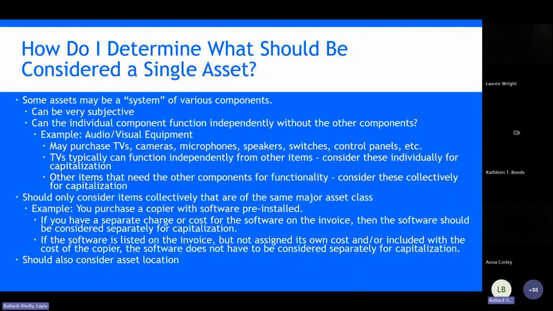In most cases, you're still going to treat the items individually and either capitalize them or expense them. We haven't run into any we've had to capitalize because they were collectively significant. But if you run into anything like that, again, just call or email me and I can let you know how that should be handled. And please try to do it as soon as possible because we want to do it before you're actually capitalizing the items and not after the fact.